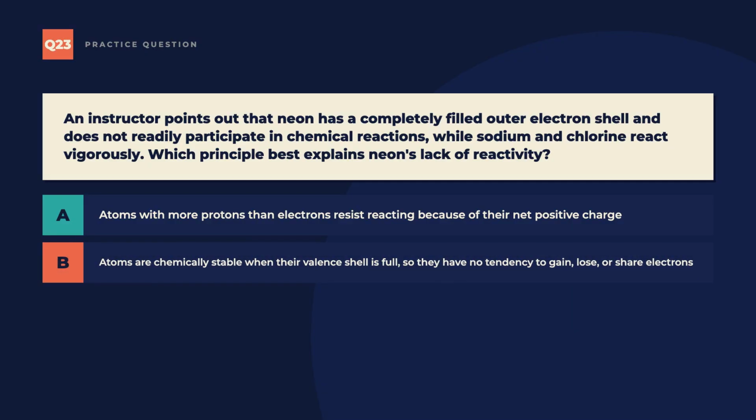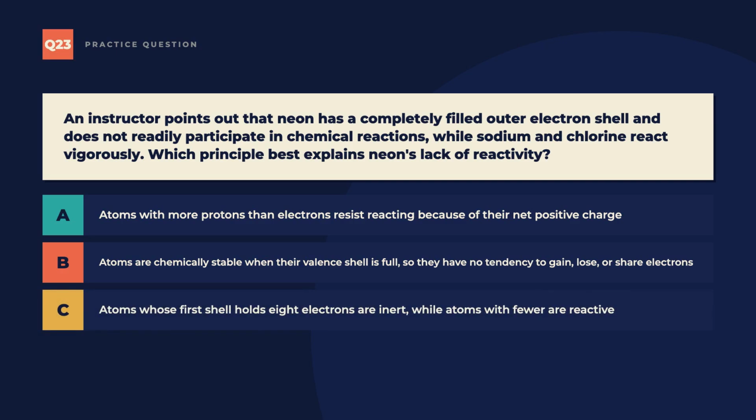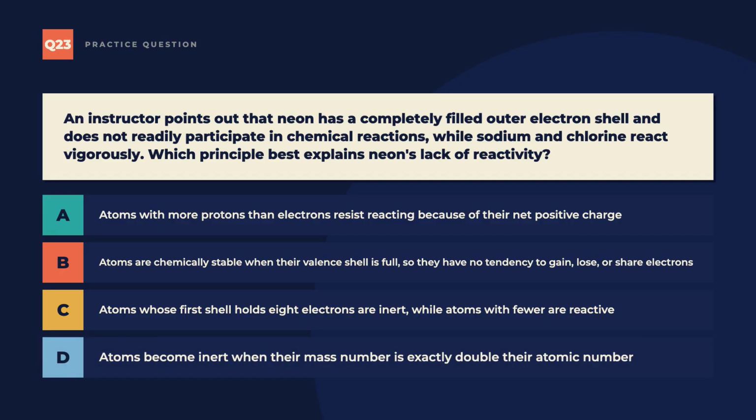B. Atoms are chemically stable when their valence shell is full, so they have no tendency to gain, lose, or share electrons. C. Atoms whose first shell holds 8 electrons are inert, while atoms with fewer are reactive. D. Atoms become inert when their mass number is exactly double their atomic number. Don't overthink it. Which one feels right?